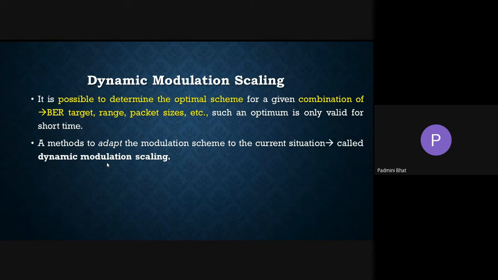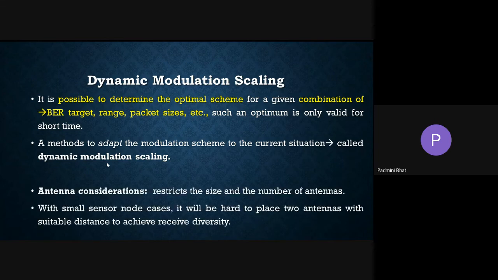So there should be some trade-off between these parameters. Then whichever modulation scheme I select after the trade-off, I call that the optimum modulation scheme. The methods to adapt the modulation scheme to the current situation are called dynamic modulation scaling.